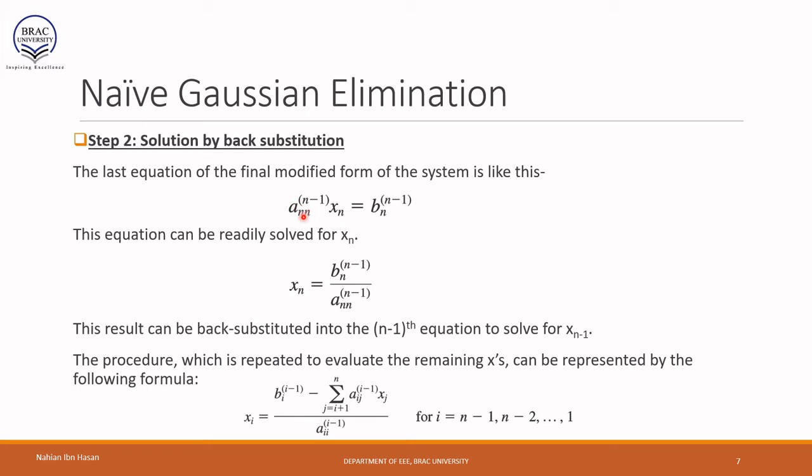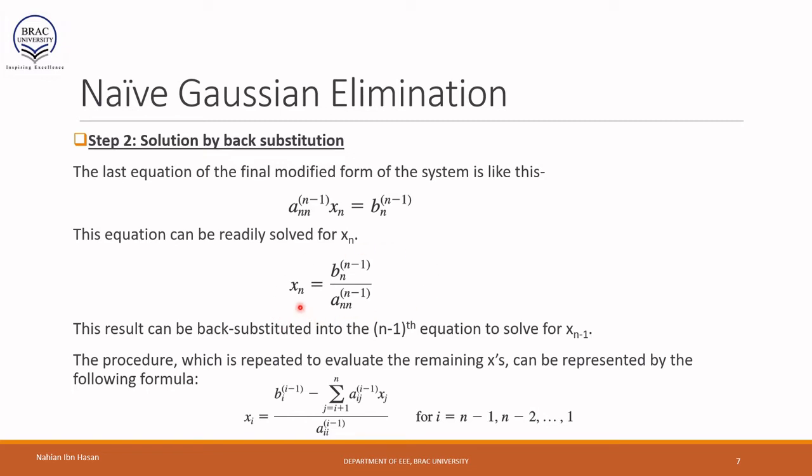That means we are getting this result after n minus 1 steps in the elimination part of naive Gaussian elimination. This is a very straightforward equation. We can easily get the value of xn by dividing bn by the coefficient. So we get the value of xn from the upper triangular matrix in a very straightforward manner.